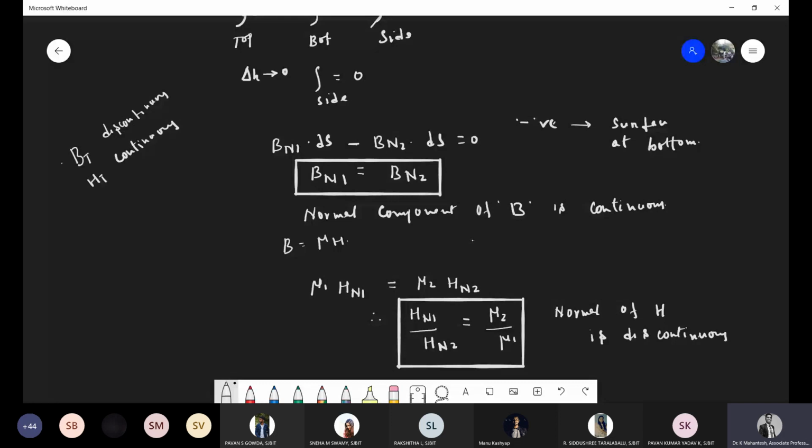Note, the tangential components of magnetic field H were continuous, flux density was discontinuous, and here in this case Bn is continuous, whereas Hn, the normal component, is discontinuous.